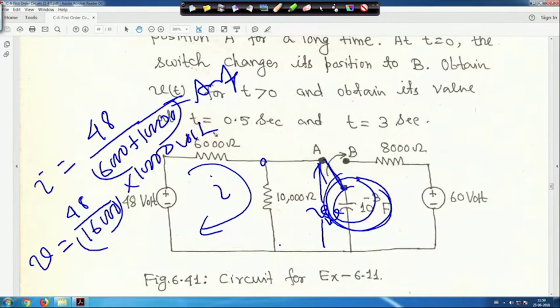So this is your V, because the switch was at this position and the capacitor was open circuited for a long time.